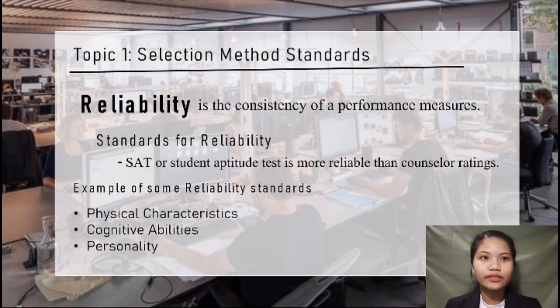Reliability is the consistency of a performance measure. Mostly, it is measured by intelligence, integrity, and leadership ability. In selection tests, there is no perfect reliability, but the goal here is to reduce the error in measurement as much as possible. In the standard for reliability, SAT is more reliable than counselor ratings.